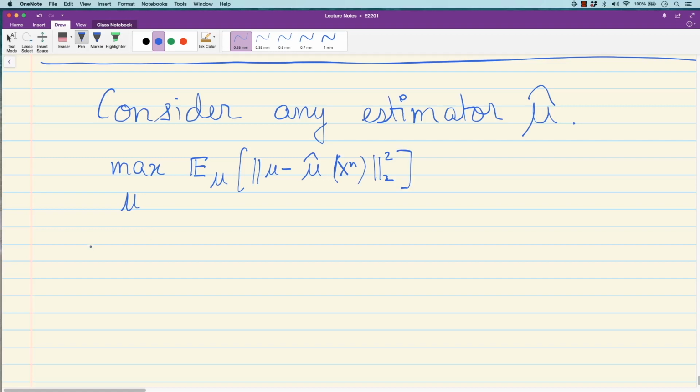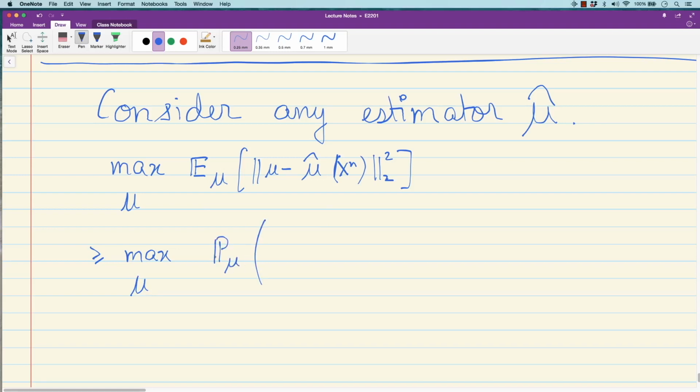In fact, this max over mu is greater than the max over mu of the probability under mu, of course.